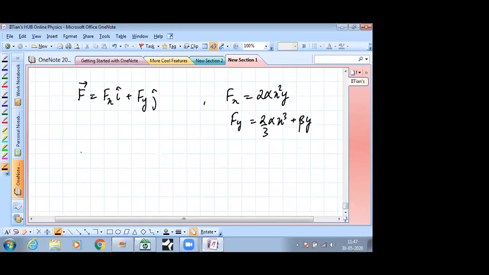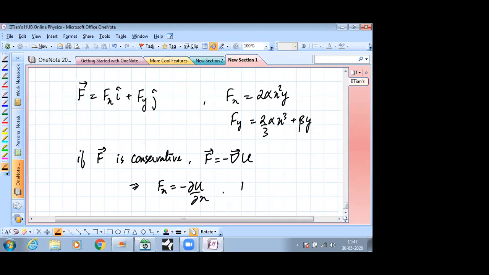Now, if F is conservative, then F should be equal to negative gradient of some kind of potential energy, which means that our x component should be minus del u by del x and y component should be minus del u by del y.